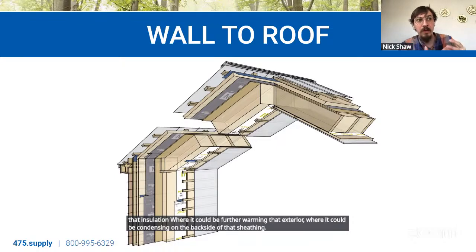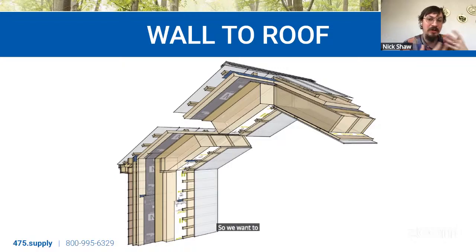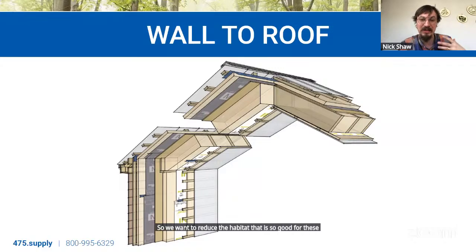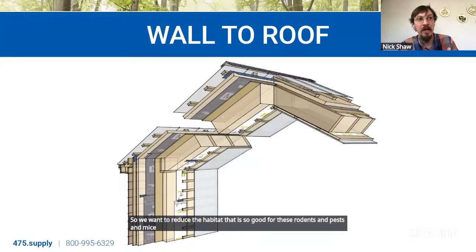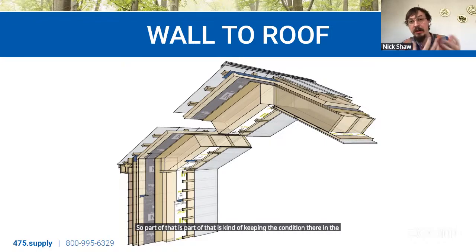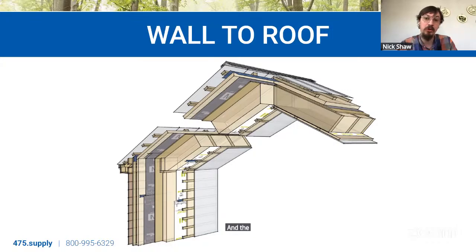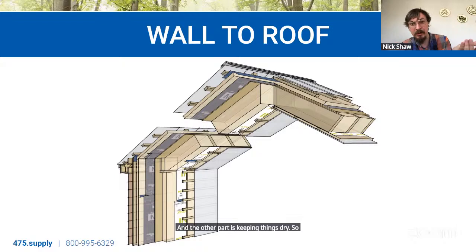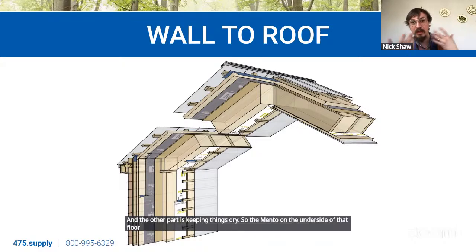So we want to reduce the habitat that is so good for these rodents and pests and mice and whatever they might be. So part of that is keeping the conditioned air in the conditioned space, and the other part is keeping things dry. So the Intello on the underside of that floor system is vapor permeable. It's allowing things to dry through diffusion, but that's a consistently high humidity area.